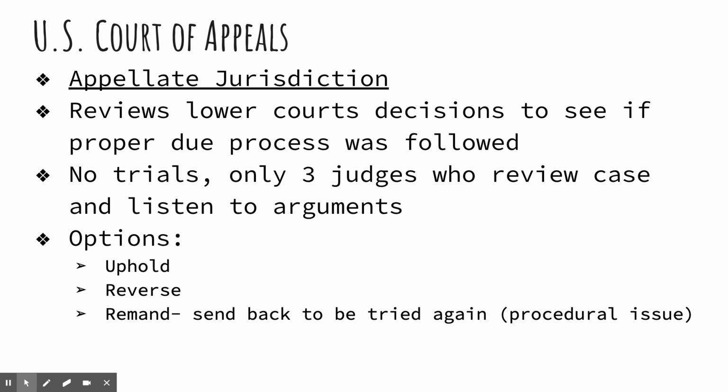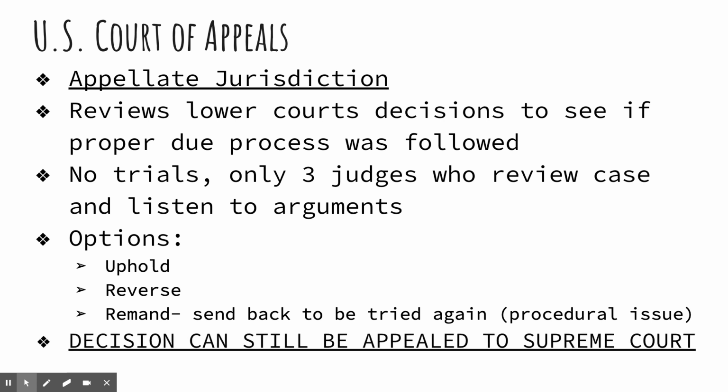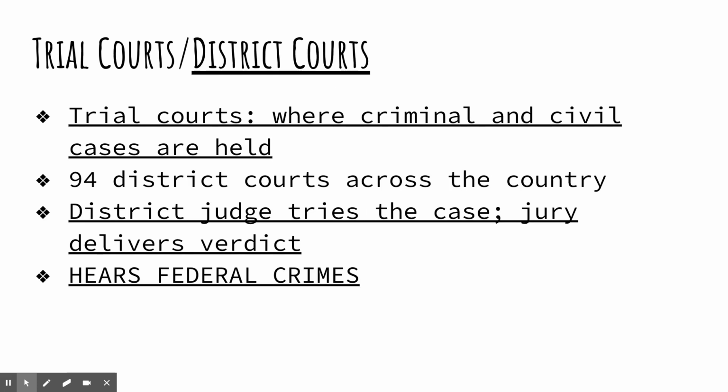So if, for example, the appeals judges decided that evidence was illegally obtained, they could send that back for a procedural issue. And it is important to remember that even if the appellate court rules to uphold, reverse, or remand, the decision can still be appealed to the United States Supreme Court.